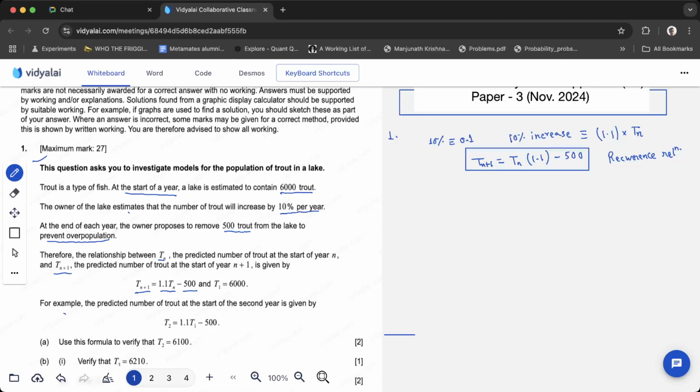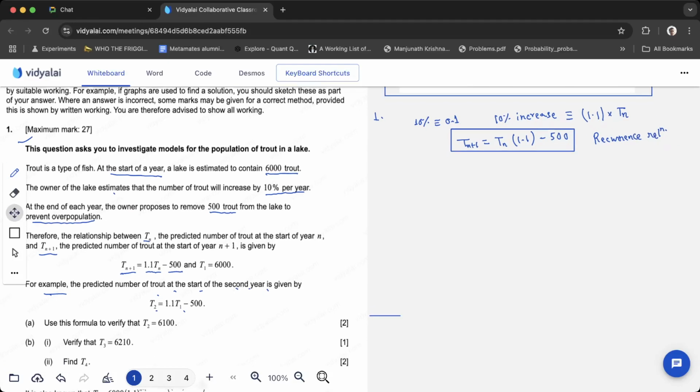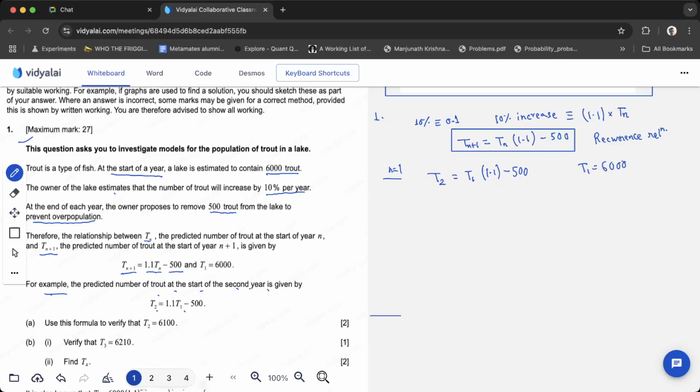One example: if you put n = 1, the predicted number of trout in the second year can be expressed by the predicted number of trout in the first year. We get T2 = T1 × 1.1 - 500. Now T1 is 6,000, the estimation for the first year's population.